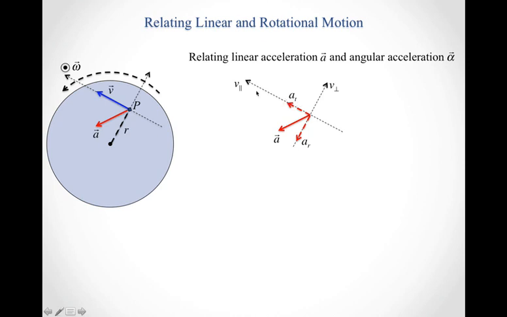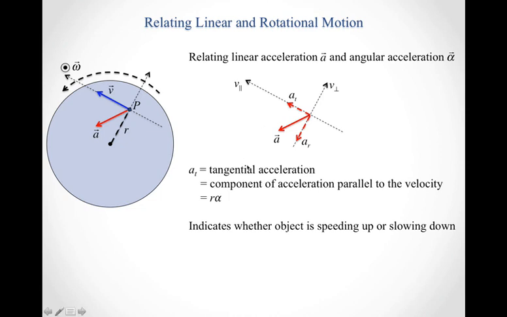So I'm thinking about the component of the acceleration that is parallel to the velocity, because that tells me whether the object is speeding up or slowing down, and the component that's perpendicular to the velocity, because that tells me how the object is turning.